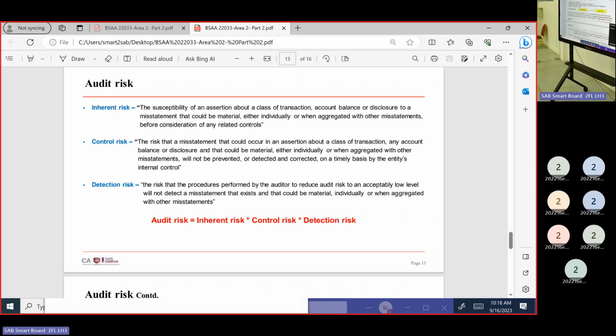Basically this inherent risk may depend on the industry, the region, the company. There may be inherent risk specific to the industry, specific to the company, specific to the region, right?